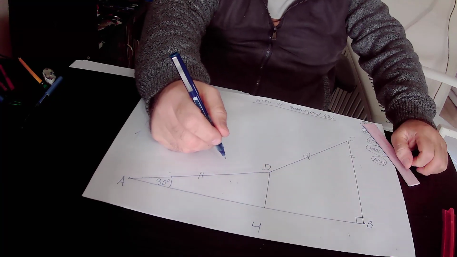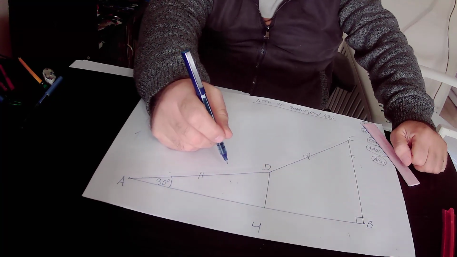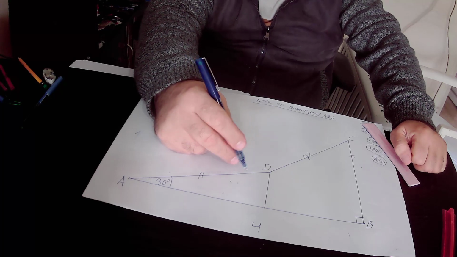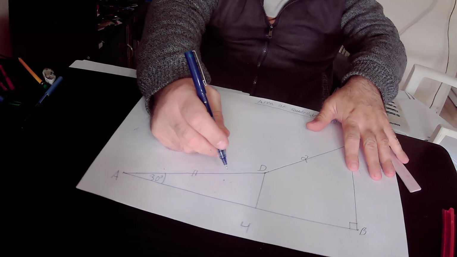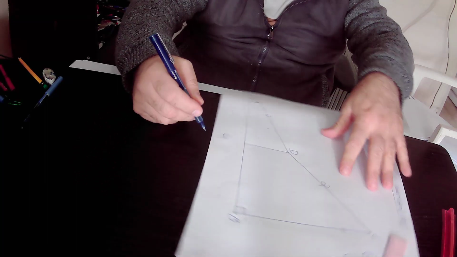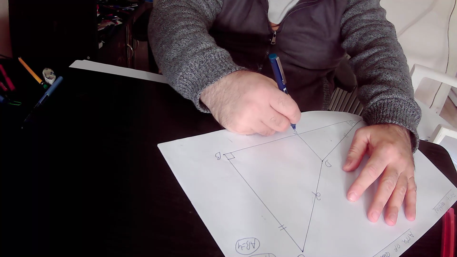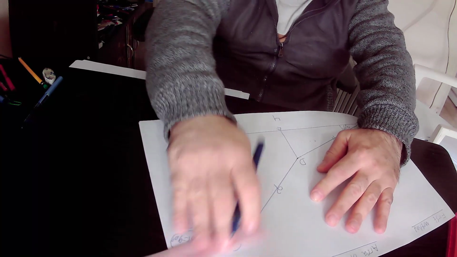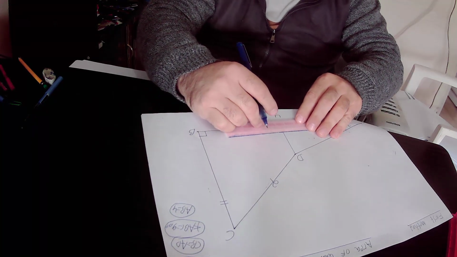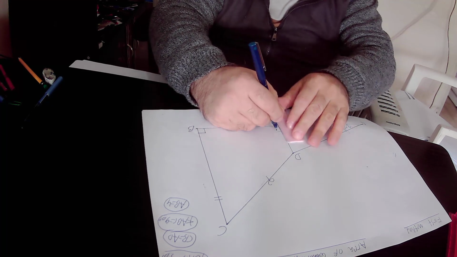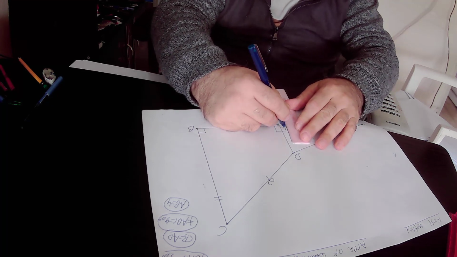And we will define the touching point of the perpendicular from point D to AB as point E. So this angle equals 90 degrees, and this angle also equals 90 degrees.